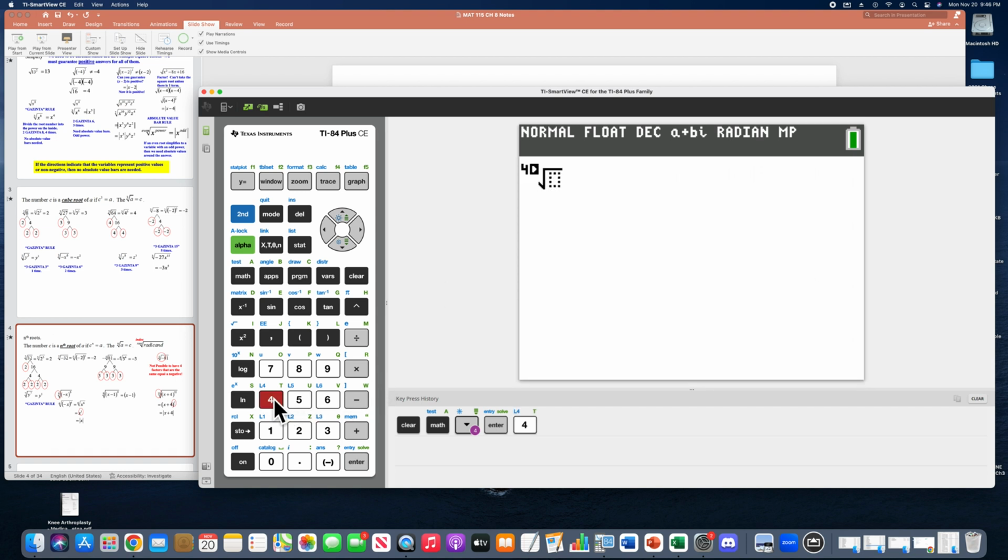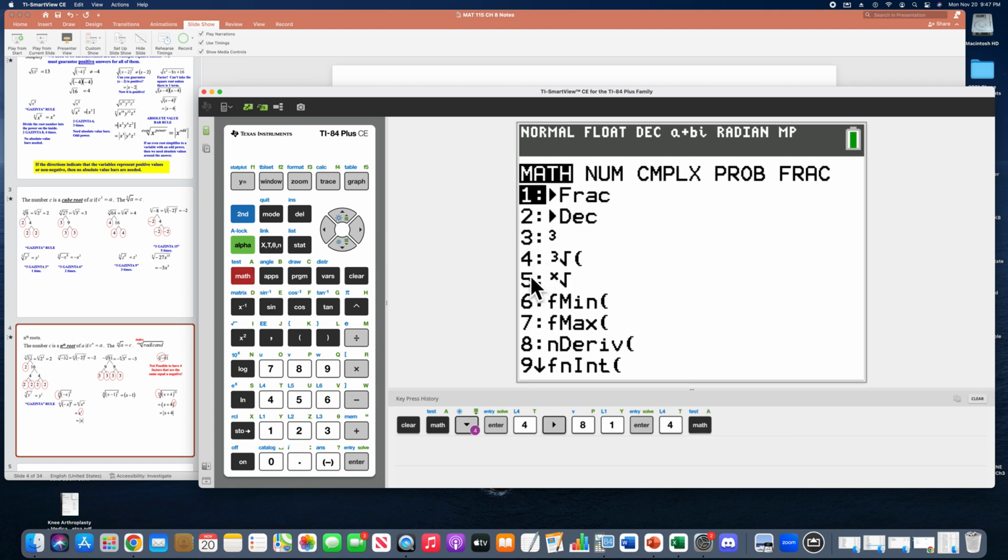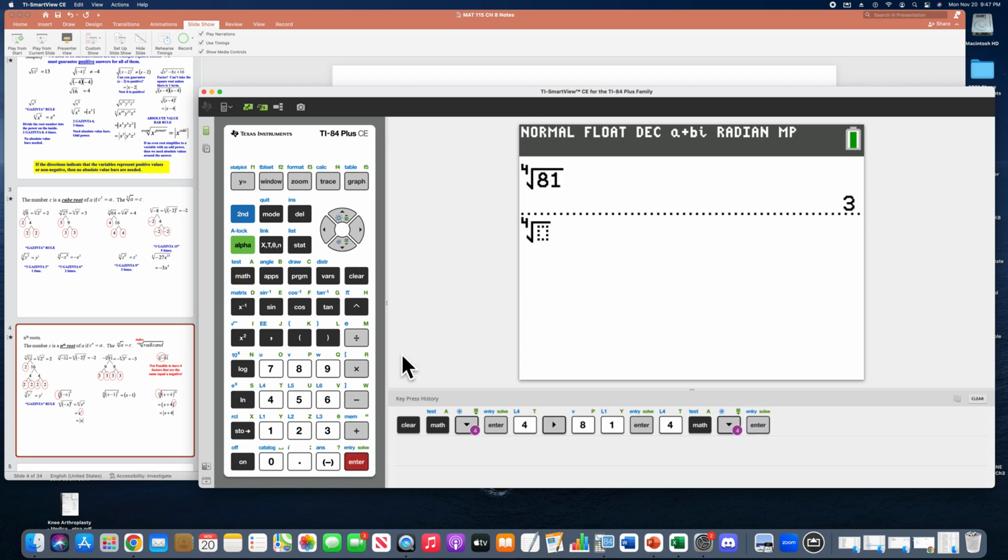Okay, so the 4th root of 81, 3. Now, you can also type in the 4 first. Math, ask for number 5, and you'll see what I mean. If you've got an older calculator, see how it took the 4 and put it on the root spot? And then we put in our 81, you still get the 3.